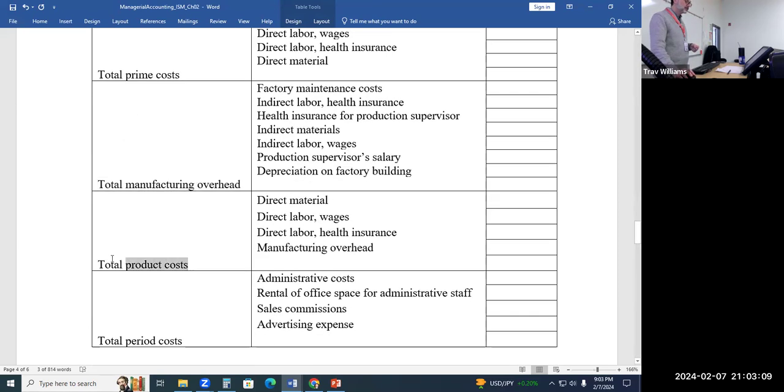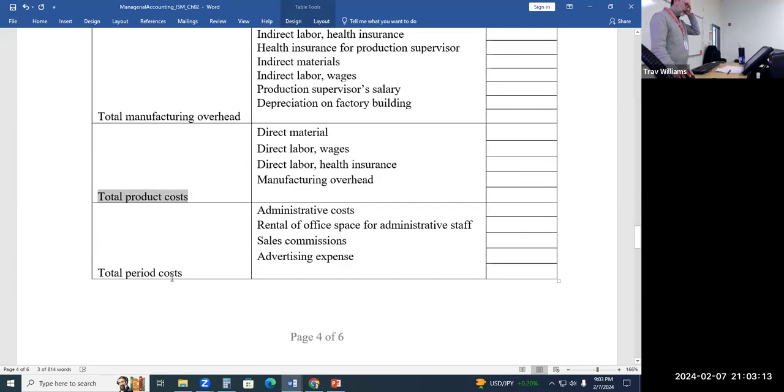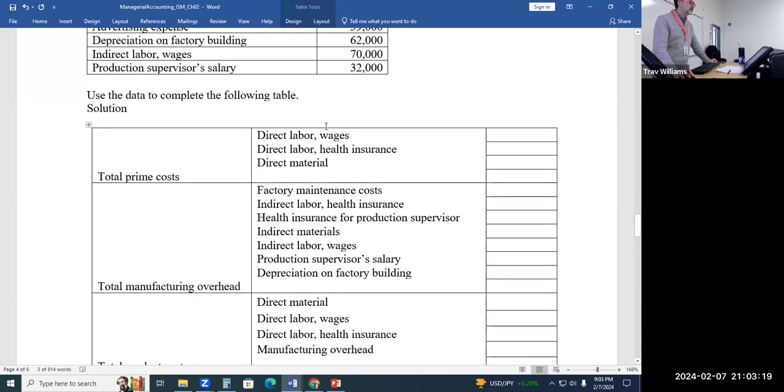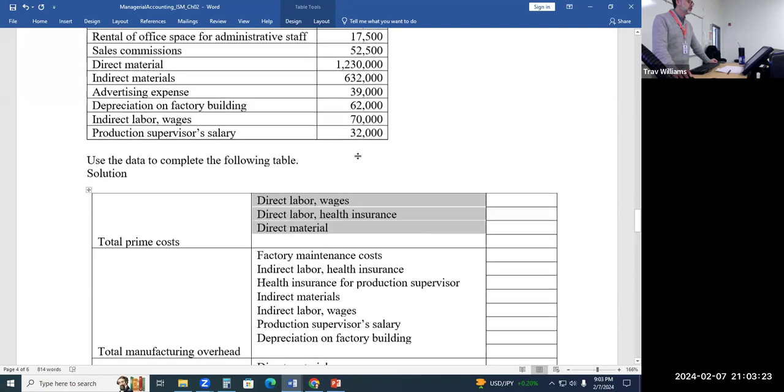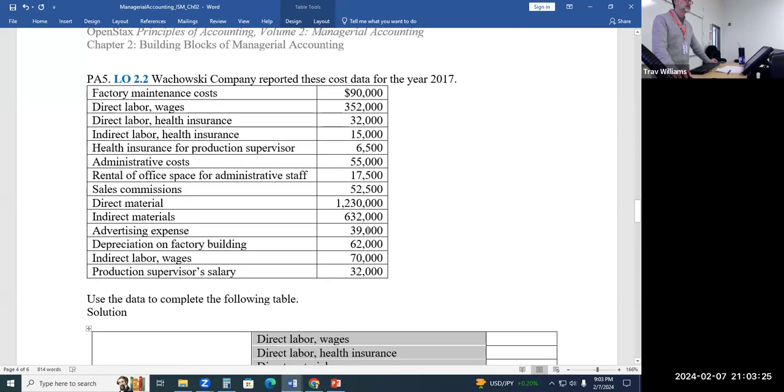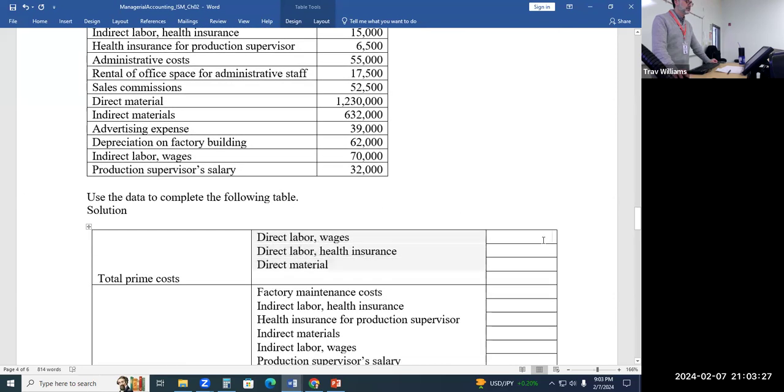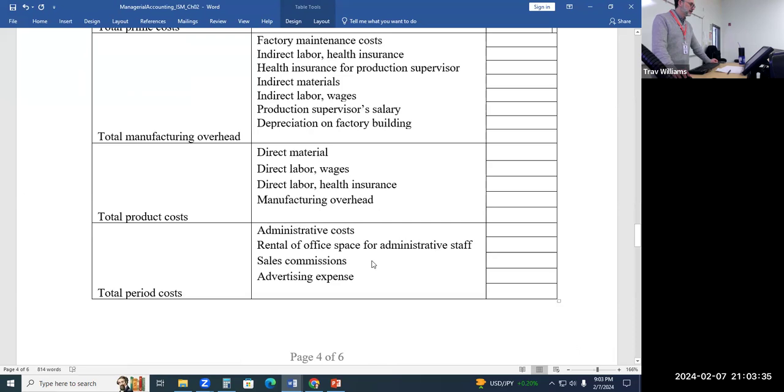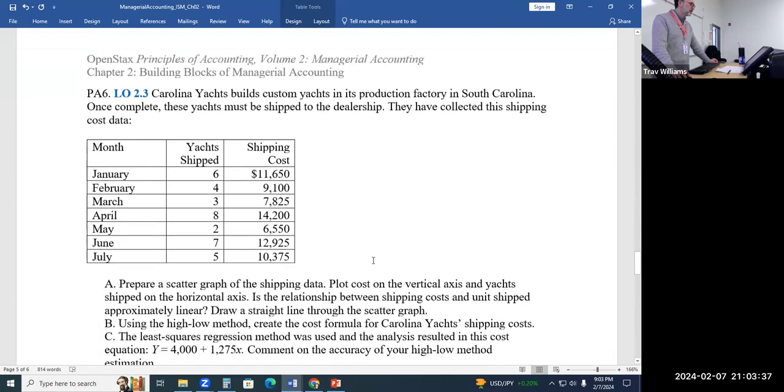It has product costs, which we know are any costs associated with production, and it has period costs, which are not associated with production. Now, this is going to be pretty easy because you already have them identified. So all you need to do is find the numbers here that match up with these different categories, and then total up each section. Okay, so I have confidence you can do that without a problem.